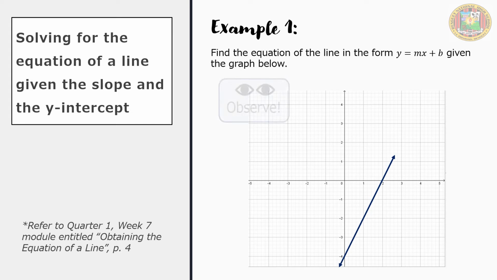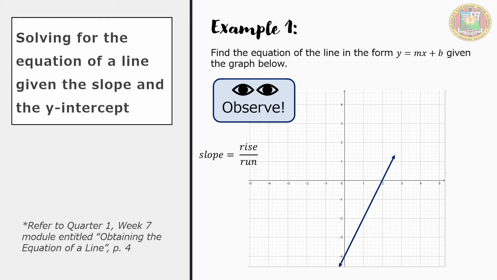Let's observe another important characteristic of the graph. We see that we have a sloping line, which means we can identify the slope of a line through the equation slope = rise over run. To use the equation, first we identify 2 points on the line.